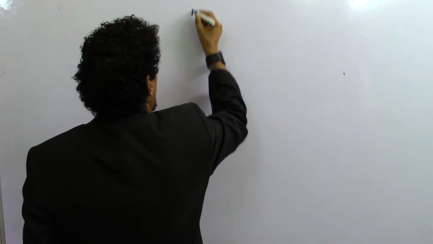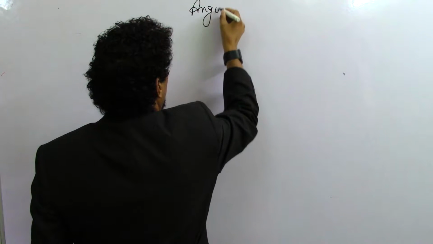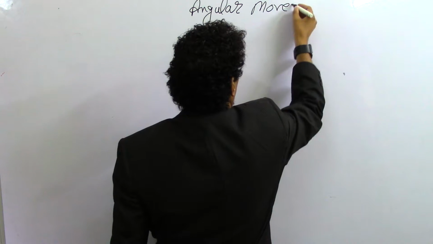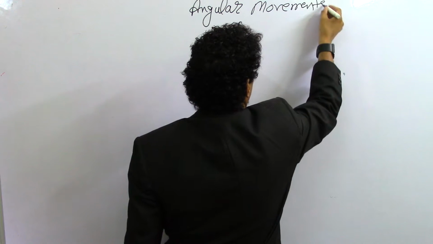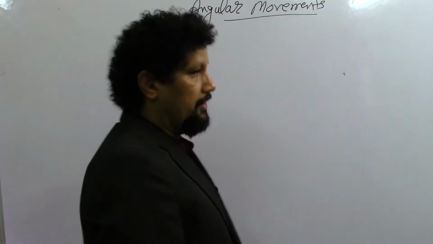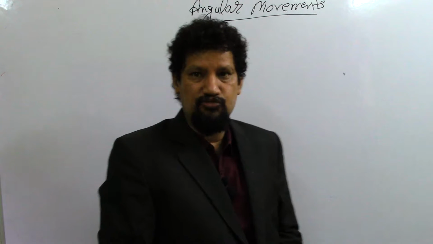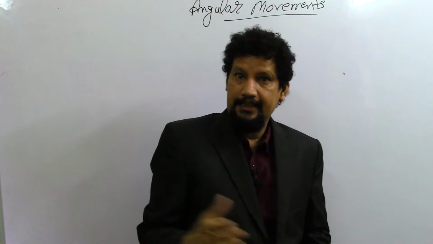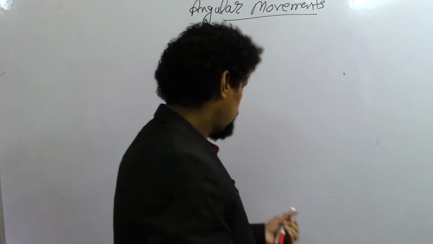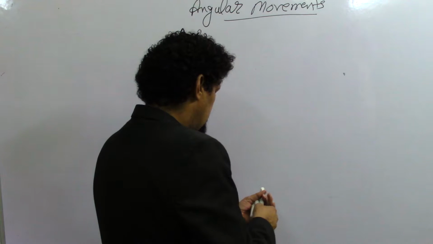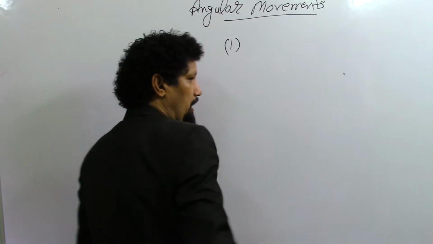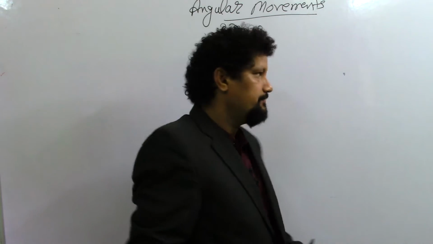There are some angular movements. Angular movements are the movements which either increase or decrease the angle of the joint. So there are basically two types of movements known as angular movements.